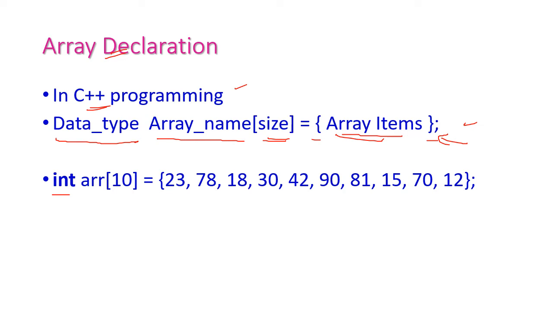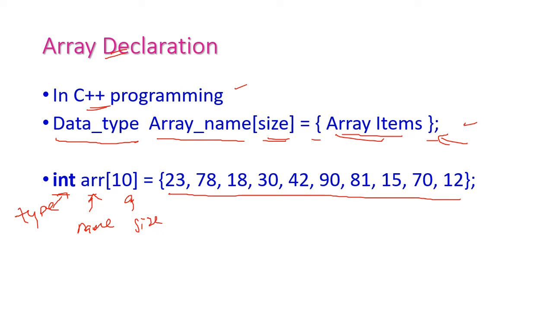Example: int ARR[10]. Here int is the type and ARR is the name of the array, and this 10 represents the size, the number of data items. The index starts from 0: 0, 1, 2, 3, 4, 5, 6, 7, 8, 9. So totally 10 items. This is how we have to declare an array.